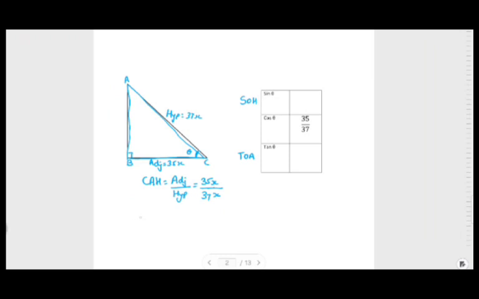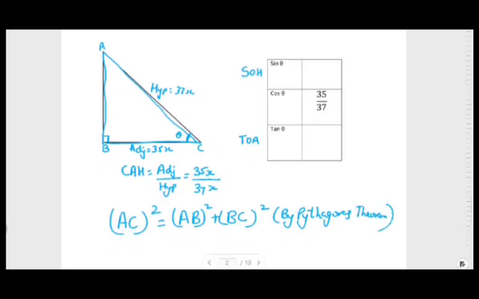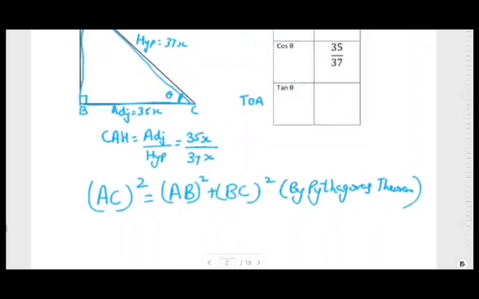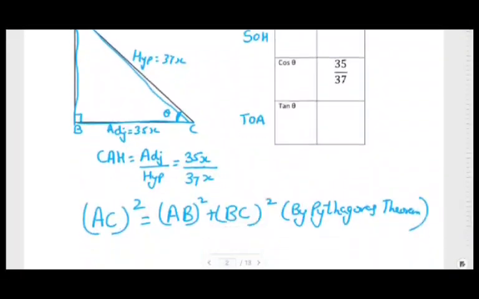So my hypotenuse AC the whole square is equal to AB the whole square plus BC the whole square by Pythagoras theorem. Alright children, what's my value for AC? My value for AC is 37x.